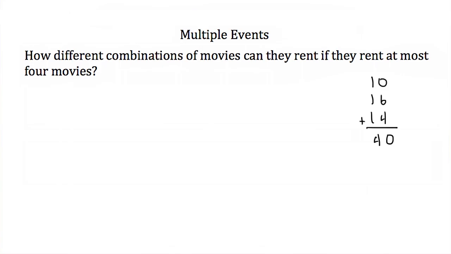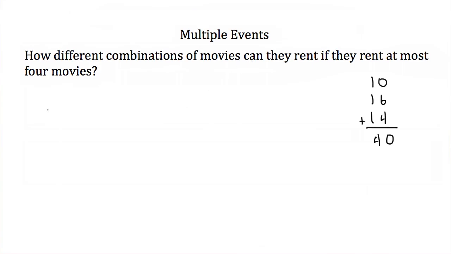But if they rent at most 4 movies, that means they may rent 4 movies, or they may rent 3 or 2 or 1, or possibly they would rent 0 movies. Since the choice includes choosing movies out of a total of 40 movies, but they also don't know how many movies they're going to rent, instead of multiplying, we're going to add the different combinations.